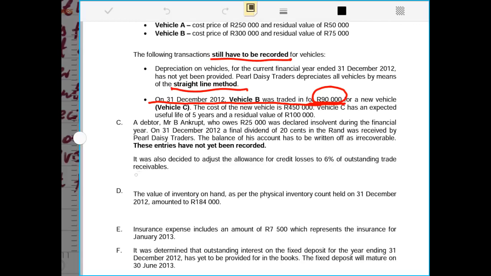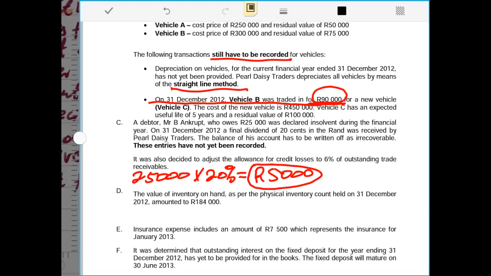So now it means out of the 25,000 rands that the debtor owed us, we times that by 20 cents, which is 20%, that will give us 5,000. 5,000 was received. So now if 5,000 was received, it means 20,000 was not received.